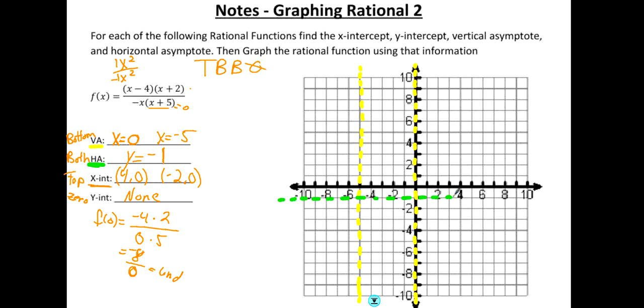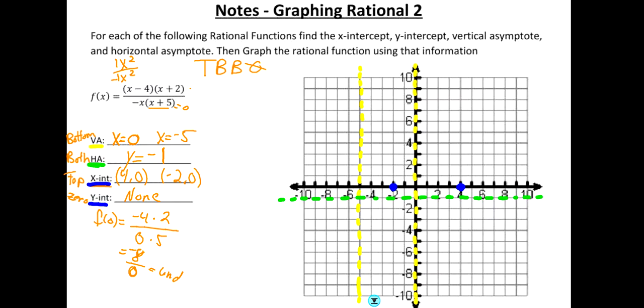I use green, like that. Then I use blue for my x and y intercepts. Since I don't have any y intercepts, just my x intercepts. So I have one at -2 and +4. Okay. Now I have all of my information.